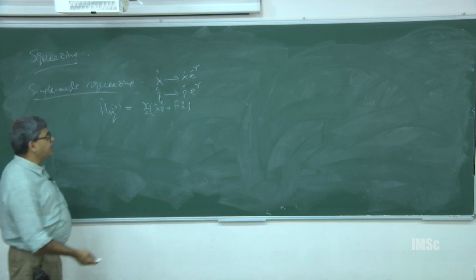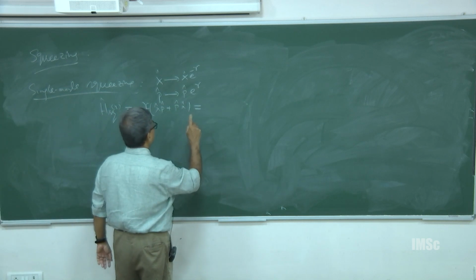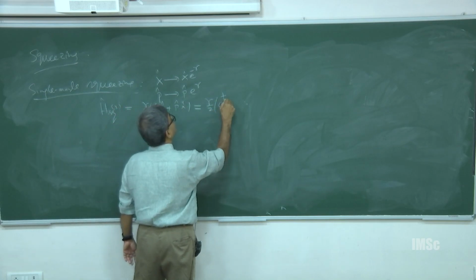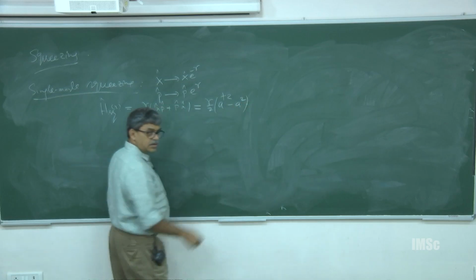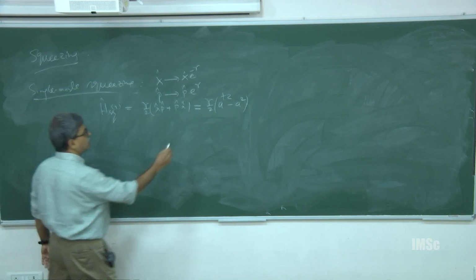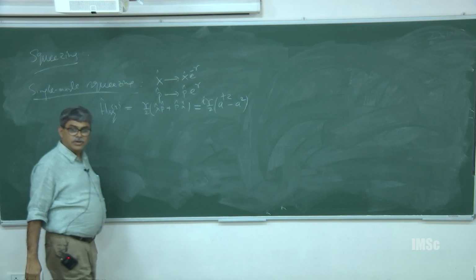And then if you write in terms of a and a dagger, it will be r by 2 (a dagger square minus a square), is it correct? There is i, huh? Okay, yes, iota.